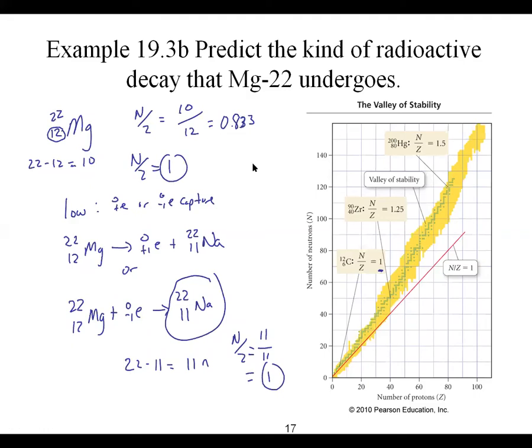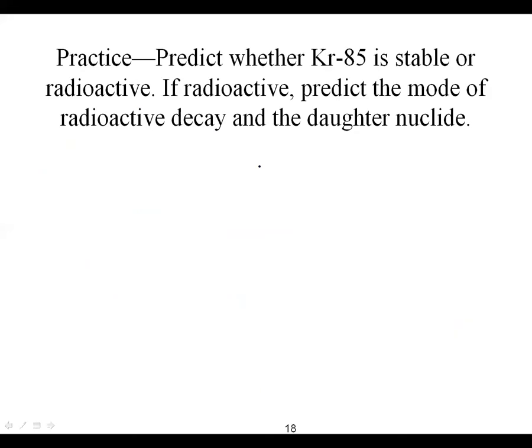All right, I think I got another one here. So why don't you give this one a go and see what you come up with. The N to Z ratio, N is neutrons. So neutrons is the mass number minus the atomic number. And Z is the symbol for the atomic number, which is basically the number of protons, which is what you find on the periodic table.